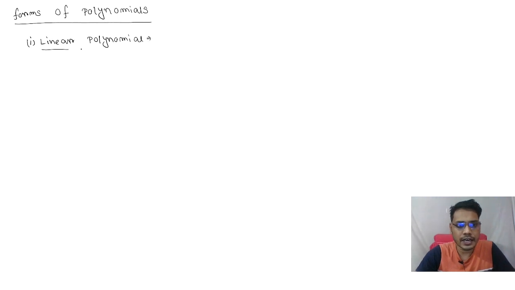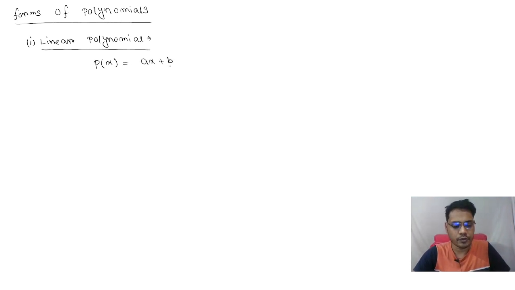And what is the form to write this linear polynomial? Very easy. It will be p of x equals ax plus b. In this form you can write, where a is not equal to 0. We have already seen some examples of this. For example, 3x plus 5, you can take that this is the linear polynomial.